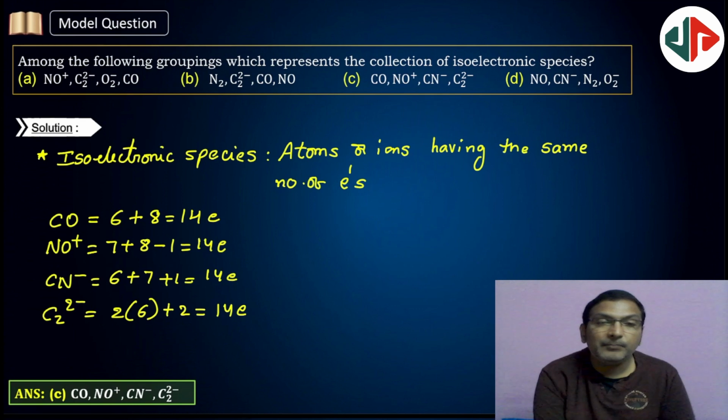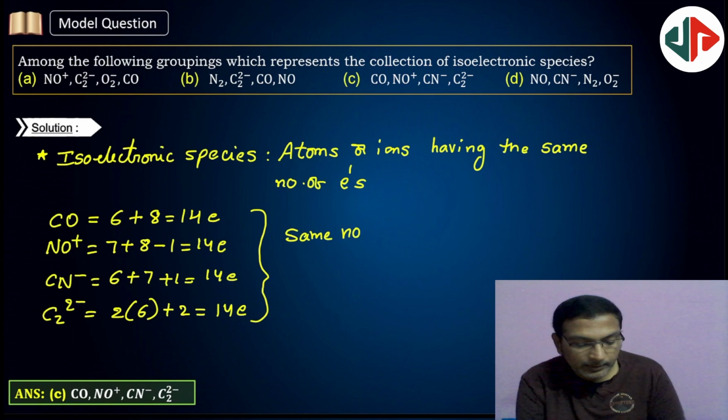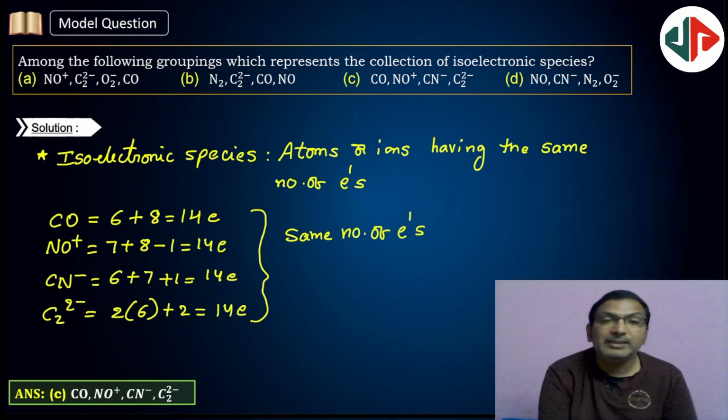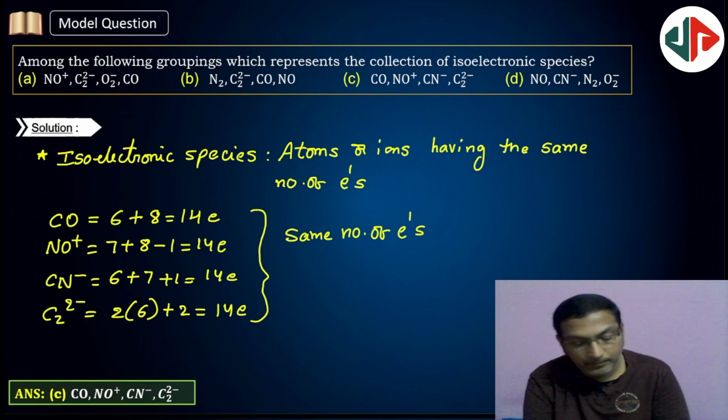So here CO, NO plus, CN minus and C2 2 minus are carrying the same number of electrons. Therefore, these are isoelectronic species. Therefore, the correct option is C.